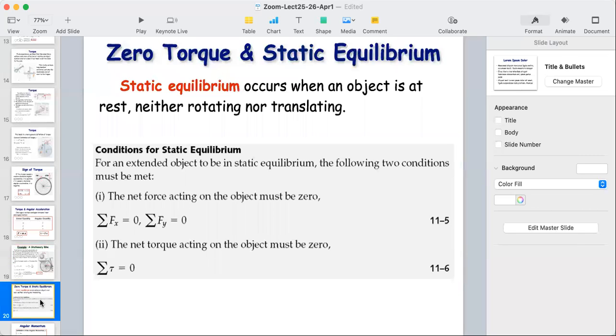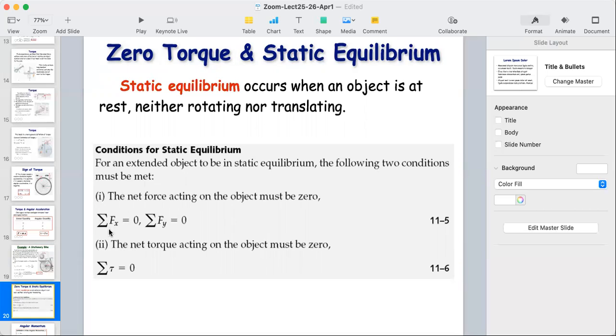Then when we discuss static equilibrium, it occurs when an object is at rest, neither rotating nor translating. For an extended object to be in static equilibrium, it needs to have the following conditions.